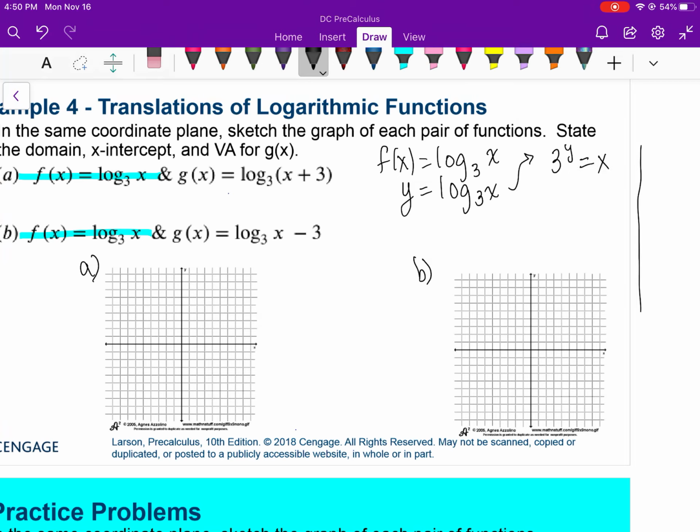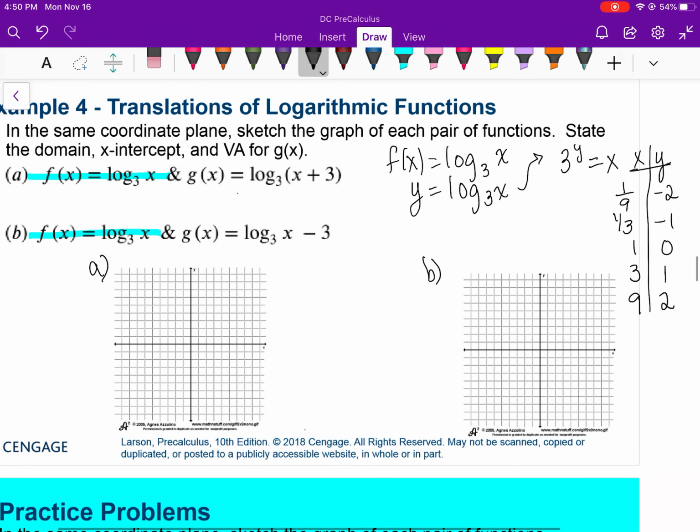From there, I can do an xy table. Remember, this equation solved for x, so I'm going to pick my y's first, plug them in, and graph. So 1/9 -2, 1/3 -1, 1 0, 3 1, 9 2.